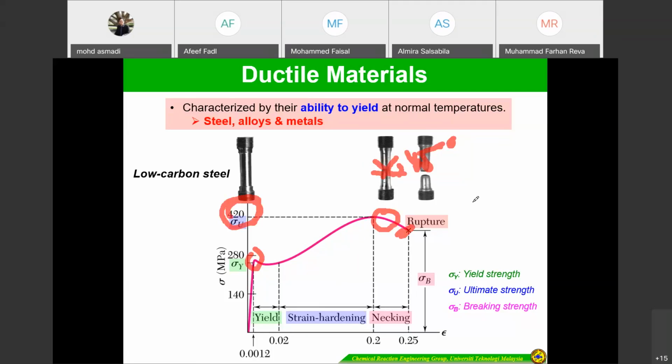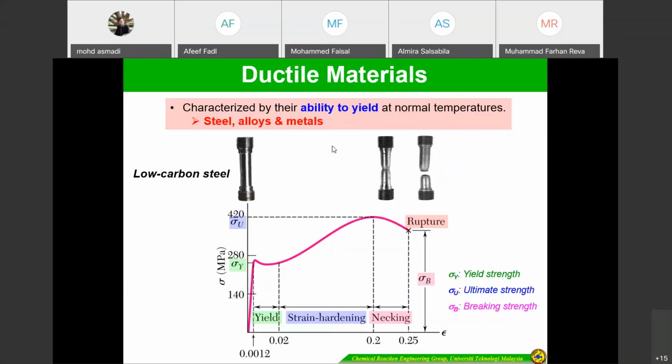If you apply a very small load, it is going to rupture. There are many stages: yield, strain hardening, necking, and then rupture. This is for materials such as steel, alloys, and also metals.